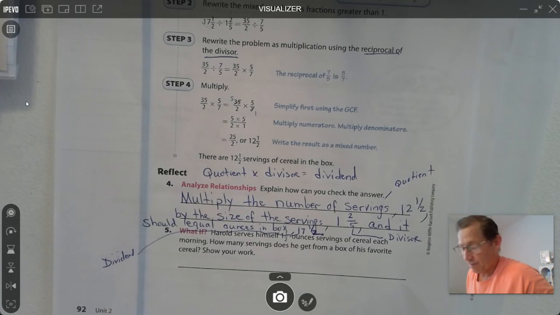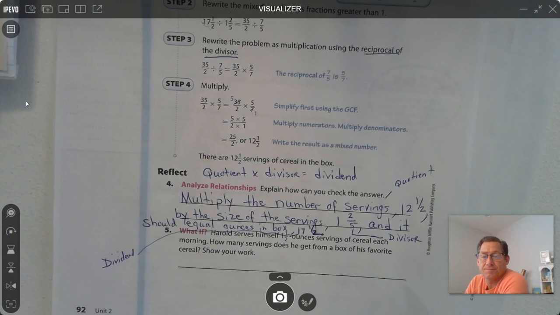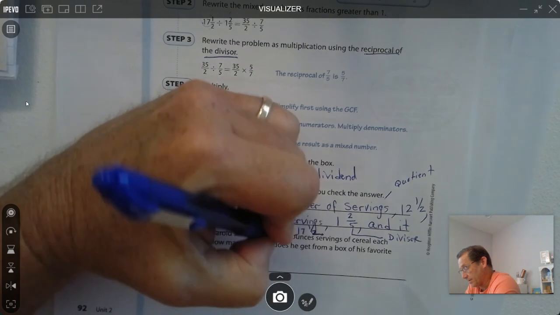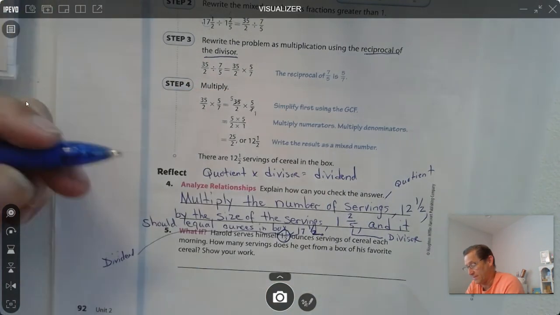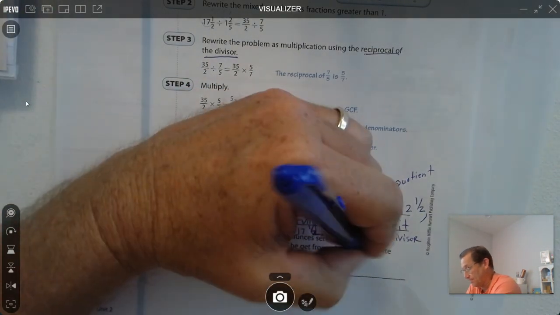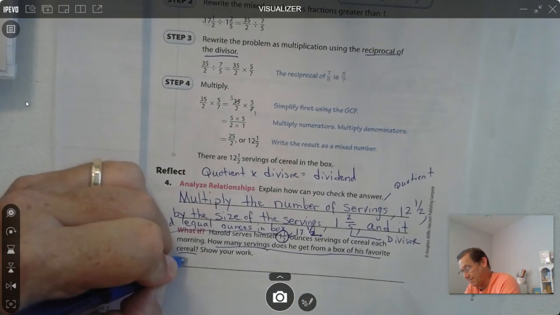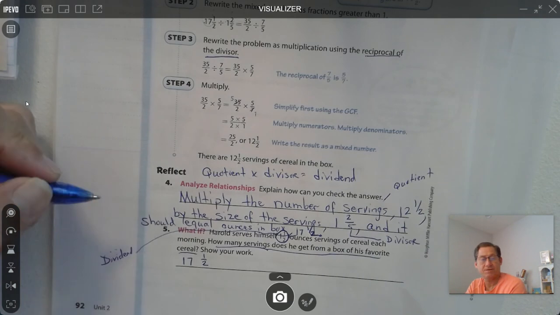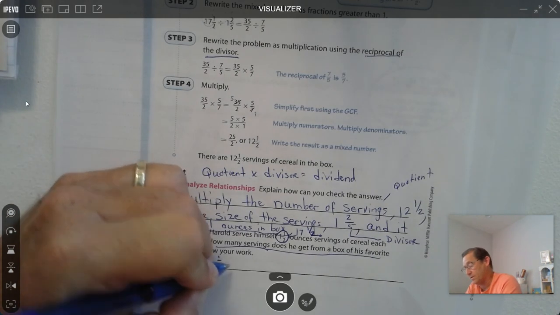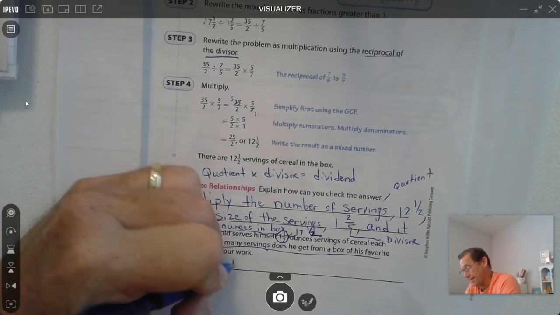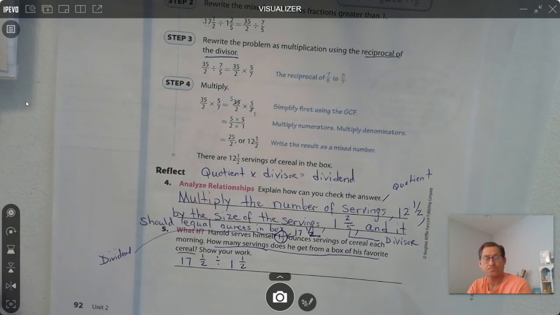All right, number 5. What if Harold serves himself 1.5 ounces servings of cereal each morning? How many servings does he get from a box of his favorite cereal? Okay, so we're going to use 1.5 servings instead. So we're still using 17.5 as the size of his favorite cereal. But this time we're going to divide by 1 and 1/2.